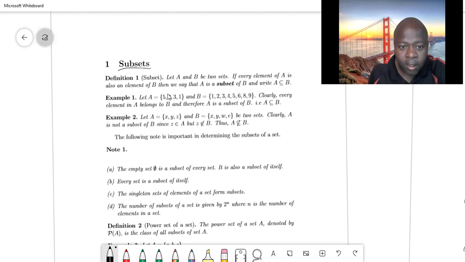Supposing we're given two sets A and B, when do we say that A is a subset of B?